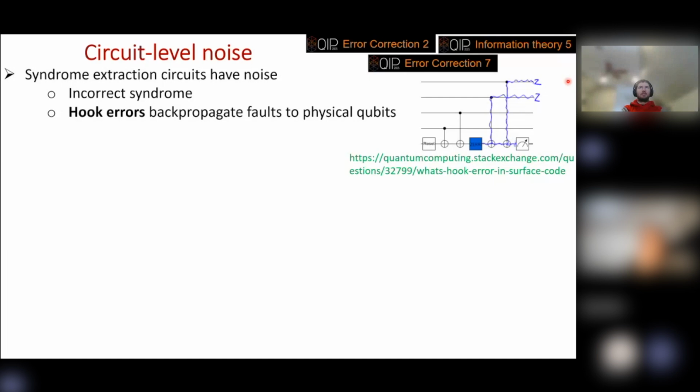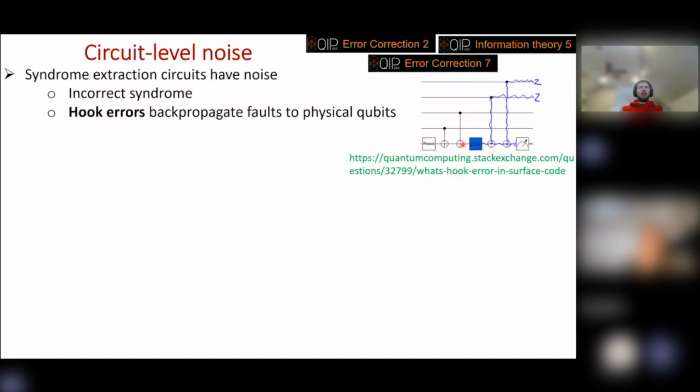So what's important to design if you're building a quantum computer is a syndrome extraction circuit that is fault tolerant to certain errors that your code can handle. And one of the things that you want to make sure is that whatever errors your syndrome gadget does, which is this C0 kind of gadget, they don't carry over back to your physical qubits.